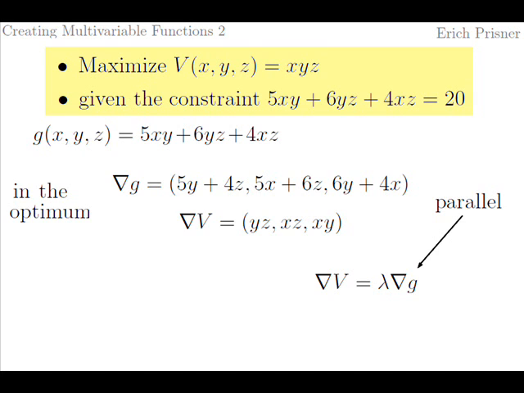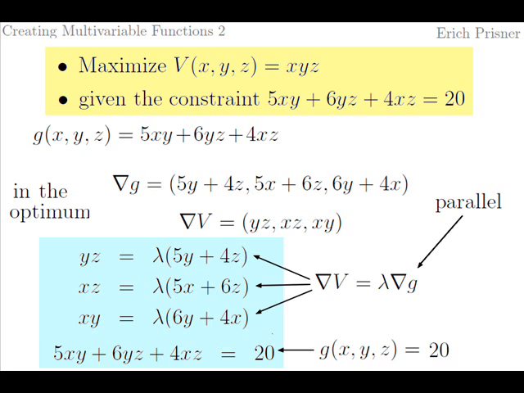We have three equations, one for each component. The fourth equation is the restriction g of xyc, which is 5xy plus 6yc plus 4xc, equals 20. So we have a system of four equations with four variables x, y, c, and lambda.